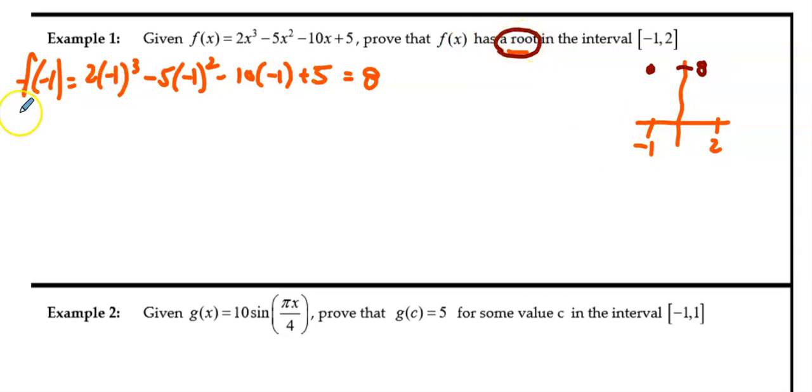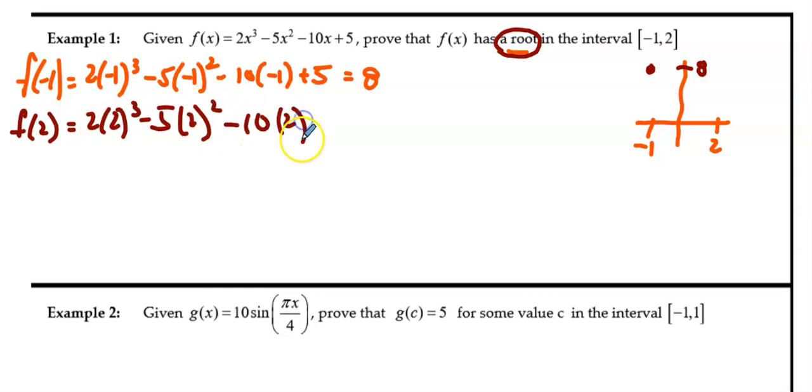So let's go ahead and find now f of 2. Just like before, we're going to plug 2 into our function. And again, to save a little bit of time, I'm going to just say that this is equal to -19. So then all the way down here, we're at -19. So again, IVT says that I need to connect these 2 points.